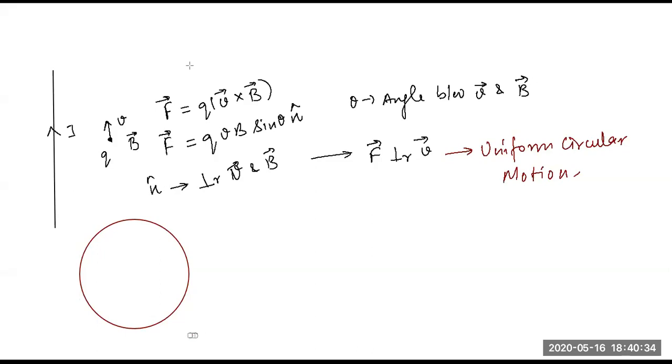So let's say a particle is moving in a circle with a velocity v. Since the force is acting perpendicular to it all the time, its direction will change, but its magnitude will remain the same, and hence we concluded that kinetic energy will be constant and momentum, which is a vector, will be variable.